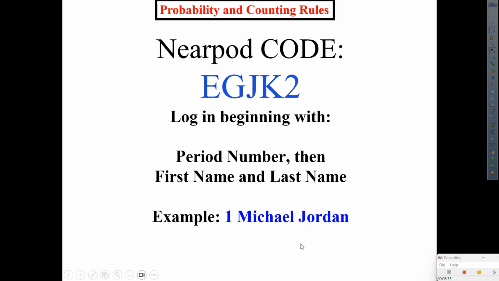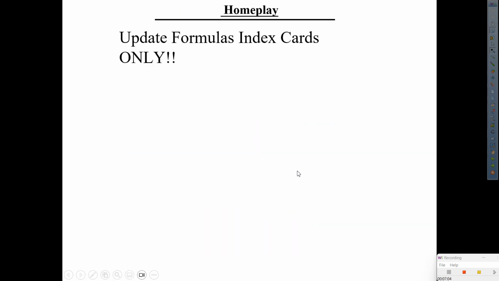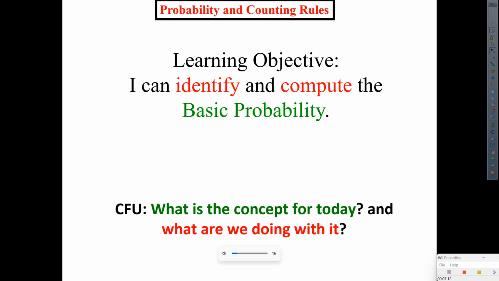That's going to give you access to this presentation so you can use it as a guide for tomorrow. Get a Cornell note ready, please. Our objective for today: I can identify and compute the basic probability.